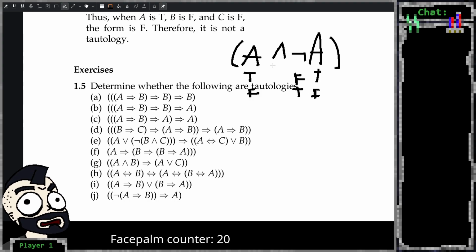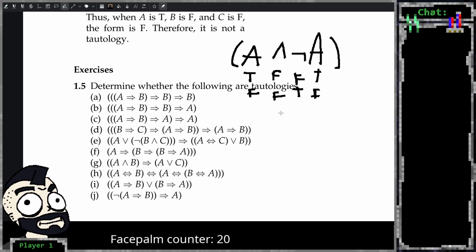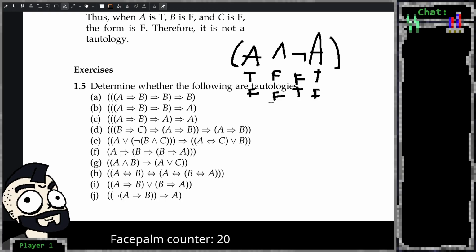So in this system, can something be and not be in the same way at the same time, just like Aristotle said? No. This statement is always false. It's a contradiction. A contradiction is the opposite of a tautology, at least in this perspective or in this paradigm.